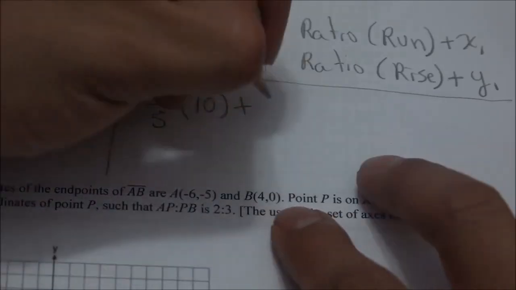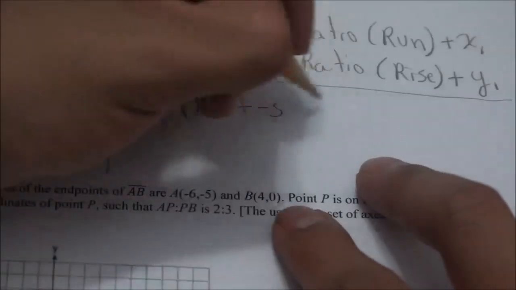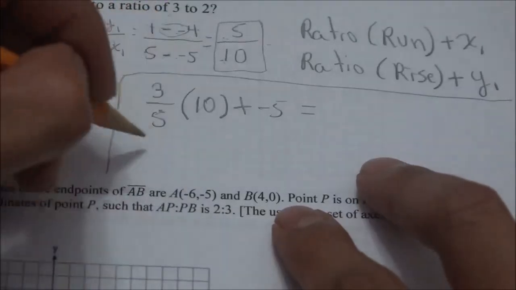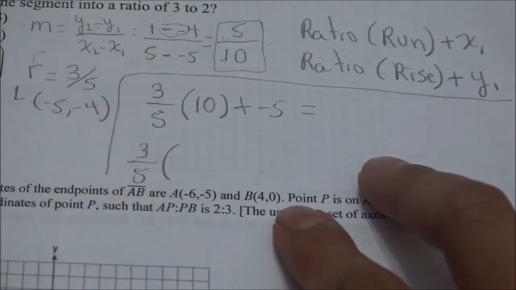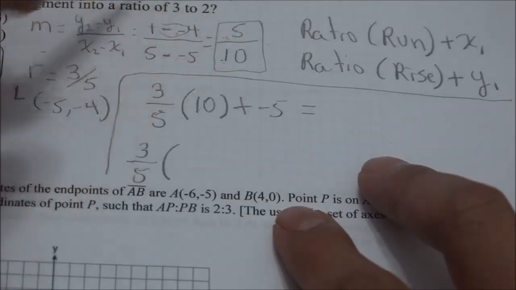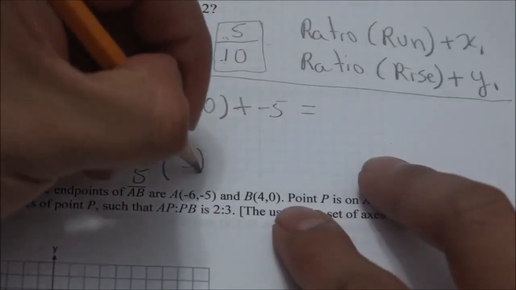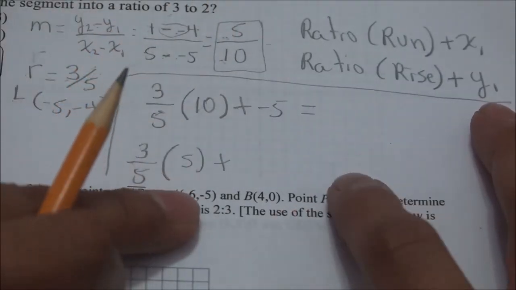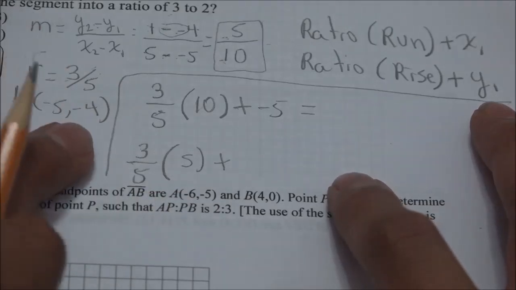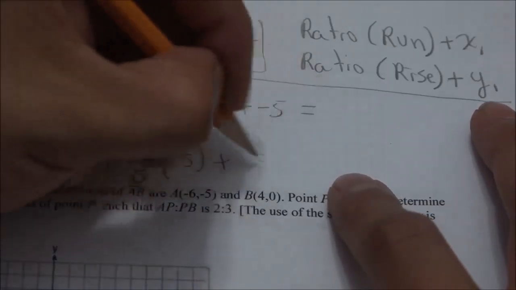Plus -5 equals. Then again, here, 3/5 times the rise, which in this case is 5, plus y1, I'm sorry, not x1, which in this case, your location is -4.